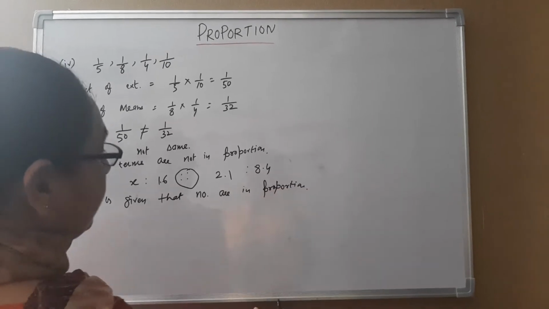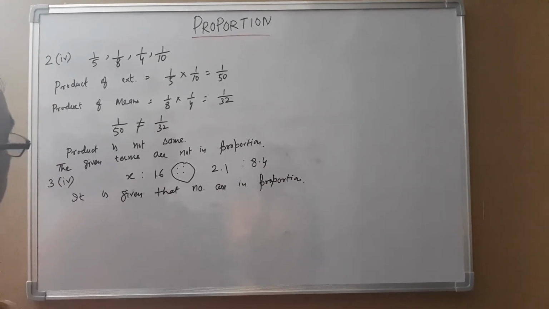So the product of extremes is equal to the product of means.